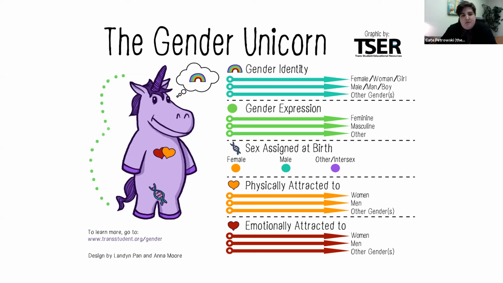This could be a helpful tool for them. Here's an example of how somebody might fill it out. The first turquoise, blue-green section is for gender identity.